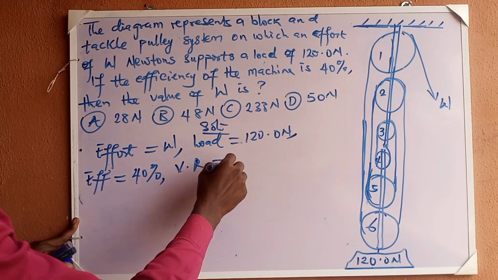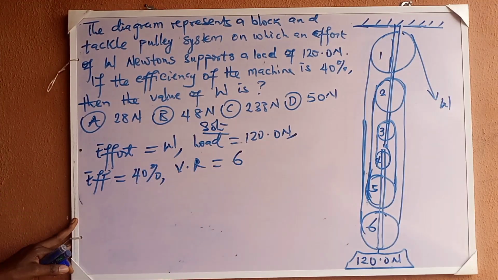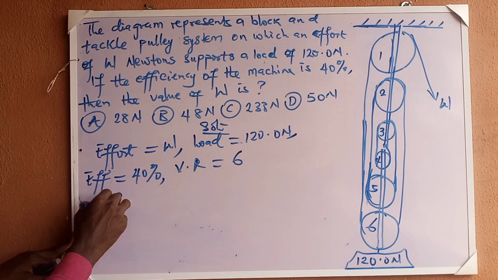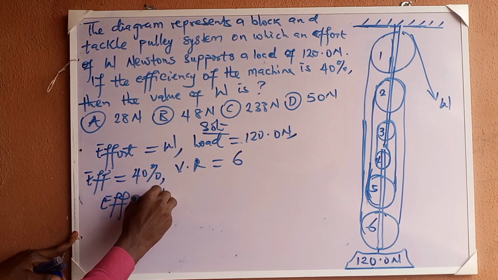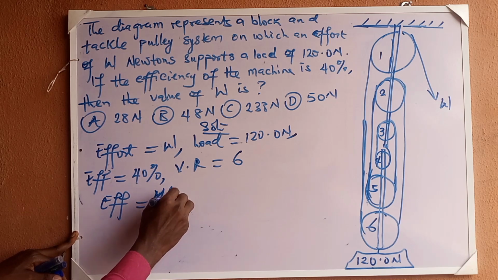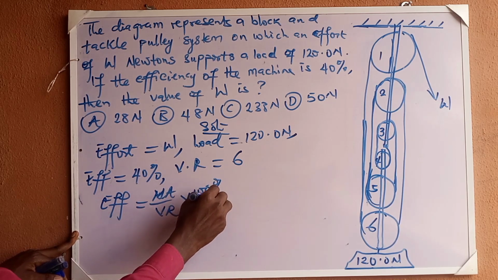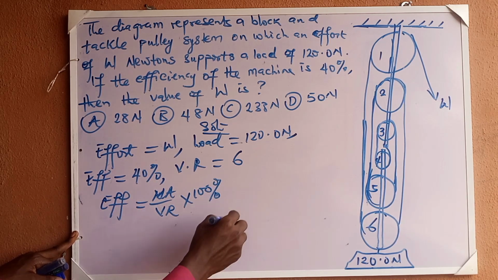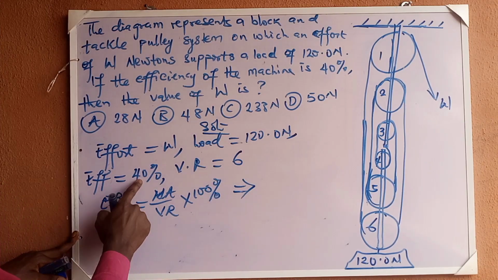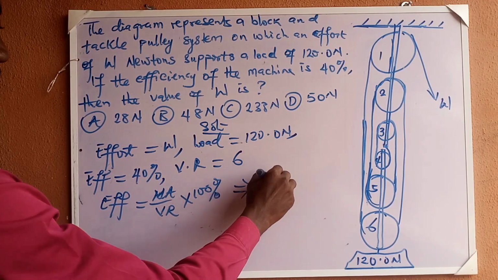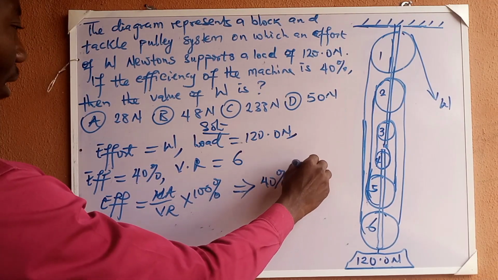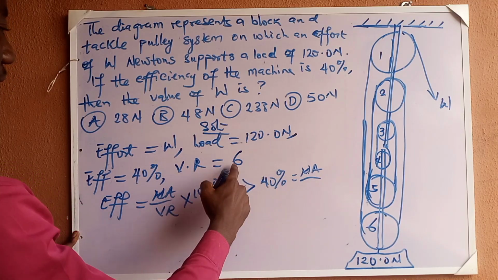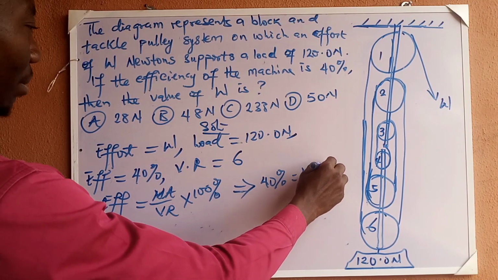That makes the velocity ratio 6. All right, let's go to the formula of efficiency. Efficiency of a machine is mechanical advantage over velocity ratio multiplied by 100%. So on substitution, efficiency is 40%. So 40% equals MA over VR. VR is 6, multiplied by 100%.